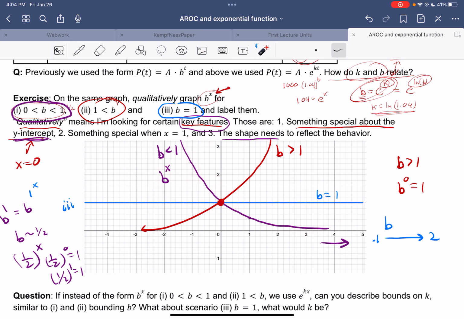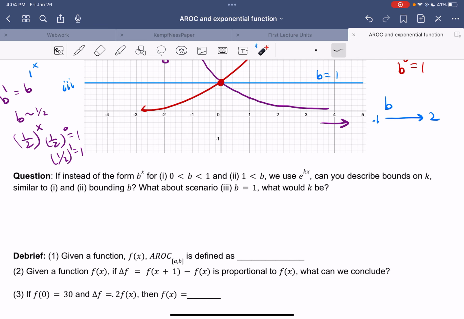Eventually it'll pop to this horizontal line, and then it'll be more and more steep like this. So this curve will morph into this curve, which will morph into this curve. This kind of unravels that way, and this kind of ravels up this way. But they're going to stay fixed here, and that's because anything to the 0 is 1.